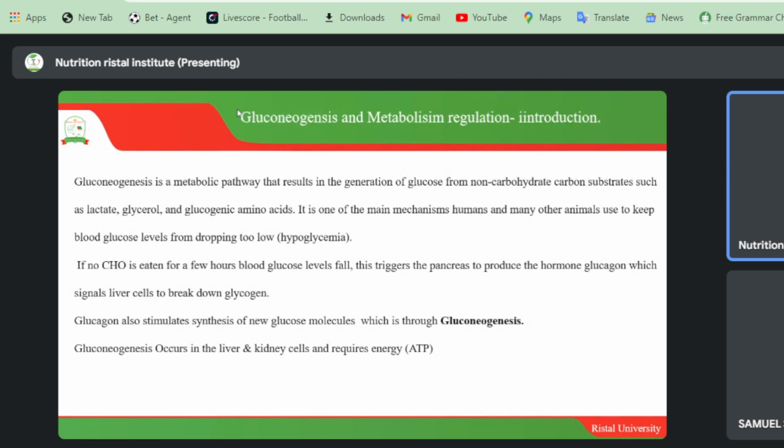And first, to begin with, an introduction to what gluconeogenesis is. So gluconeogenesis is a metabolic pathway that results in the generation of glucose from non-carbohydrate substrates such as lactate, glycerol, or glucogenic amino acids, and many more. So when we say glucogenic amino acids, we have some of those amino acids that can be channeled into this biochemical process and they yield energy.